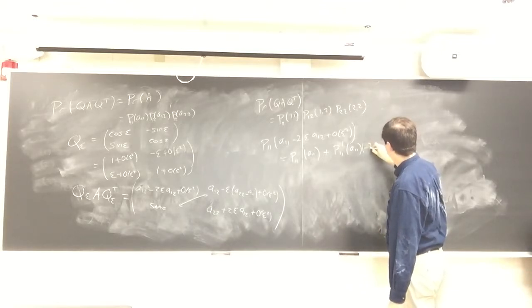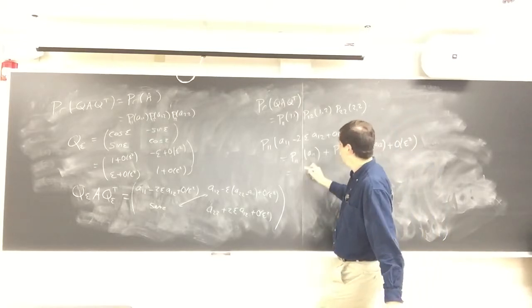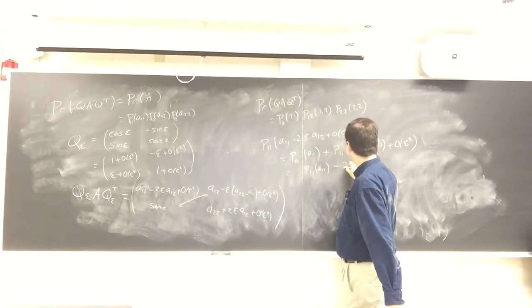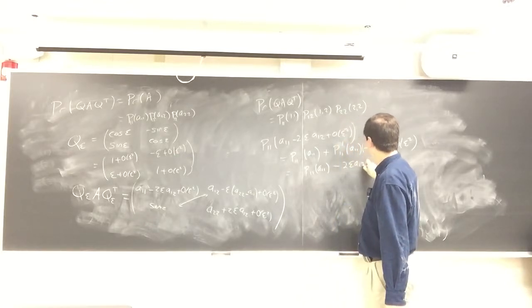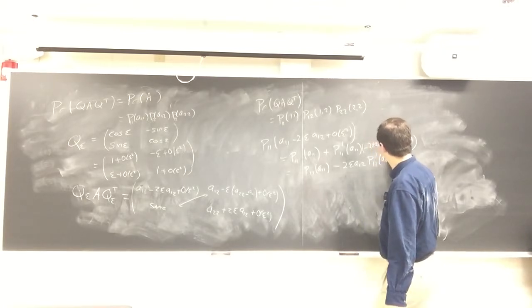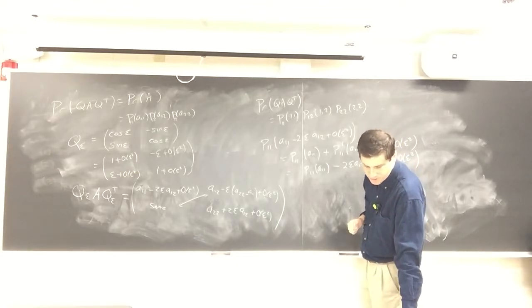Minus 2 epsilon A12. So just rewriting it, it'll be P11 of A11 minus 2 epsilon A12 P11 prime A11 plus order epsilon squared. And I will check. I don't think I've made a mistake up until this point. Good.